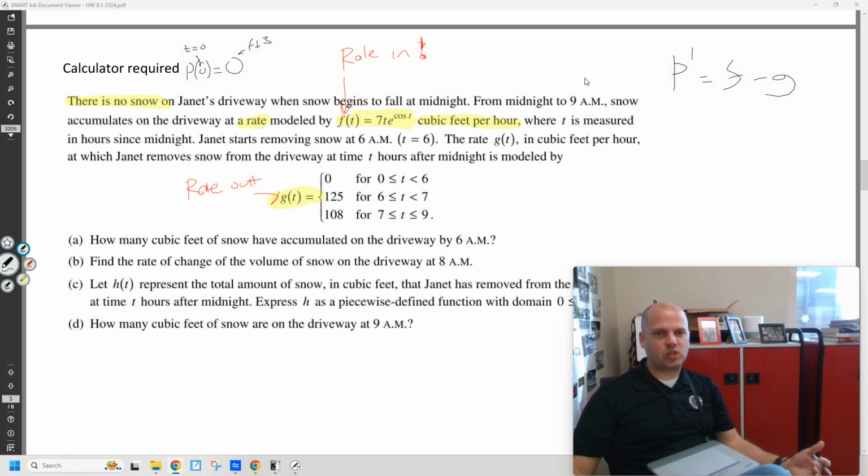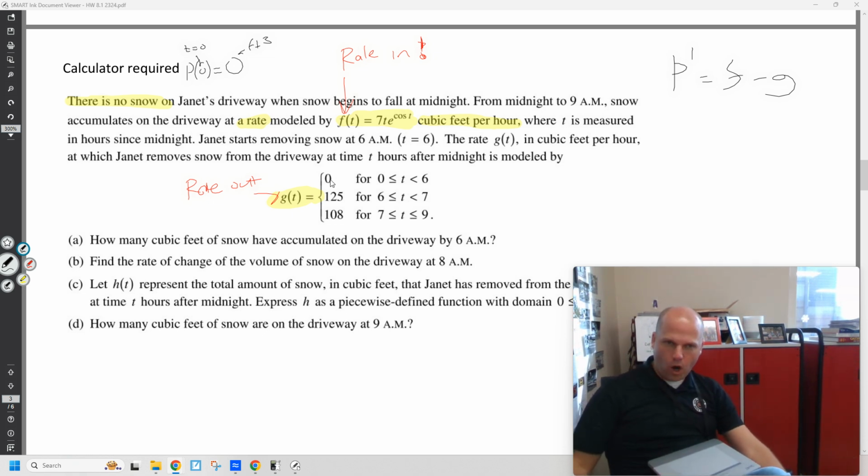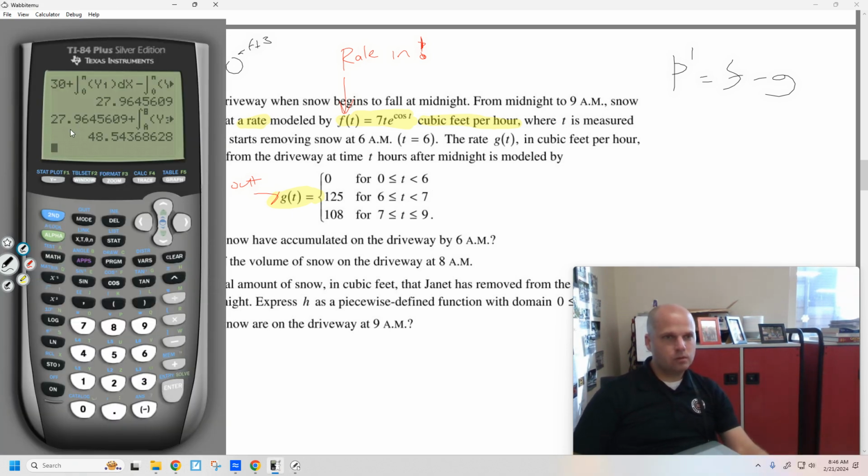Now, what's different about this question is that my rate out is not just one equation. It changes, okay? You don't look at all three at the same time. You look at one at a time depending on your window. Well, what I would do if I wanted to, it's not necessary, especially with all of the different rate outs, but I would definitely graph the rate in.